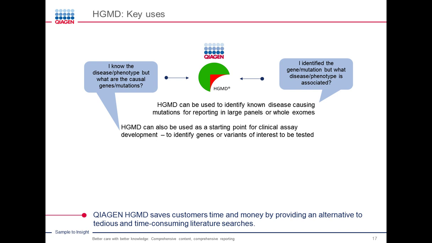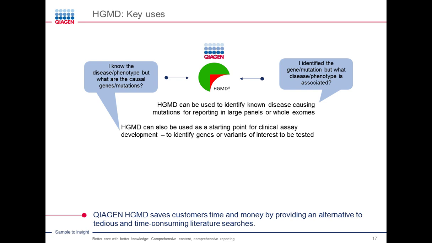A perfect use case is if you're designing a test panel for cystic fibrosis, for example, and you want to understand what genes are associated and what hotspots you might want to put in your panel. Or if you're looking for a panel for Lynch syndrome, what genes you might want to include in that panel. And so HGMD could be a great tool for you to identify a list of genes and mutations that you want to include in that panel.